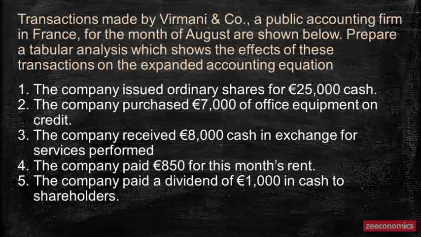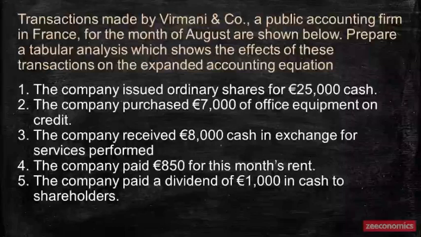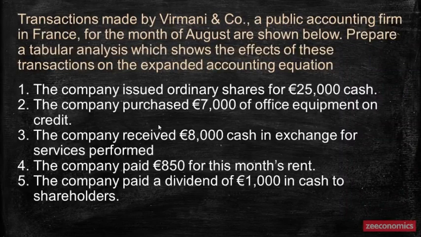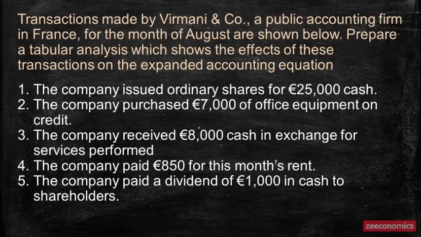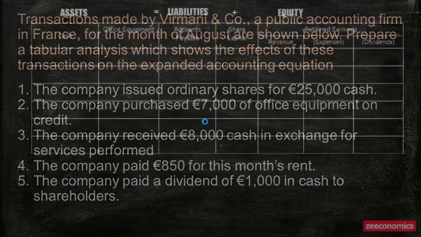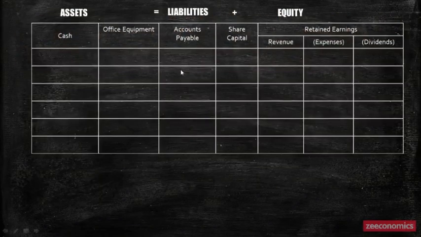The company issued ordinary shares for 25,000 euro cash, meaning the company invests cash of 25,000 euro in this company in exchange for ordinary shares. So how are we going to input these transactions? First, there is an increase in cash for 25,000 euro.